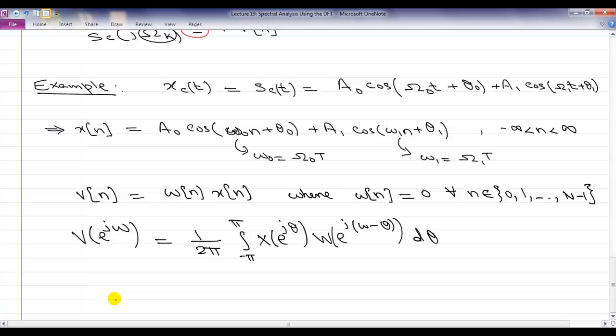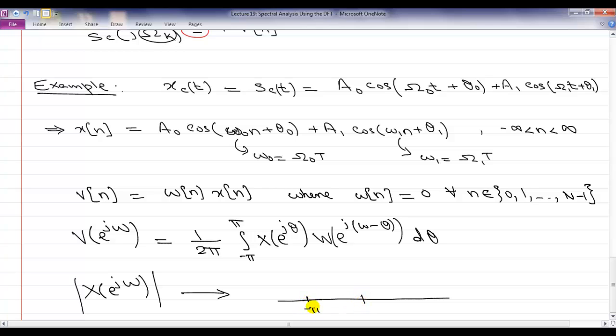So we get X of e to the j omega. If I look especially at just the amplitude of X of e to the j omega, what will that look like?